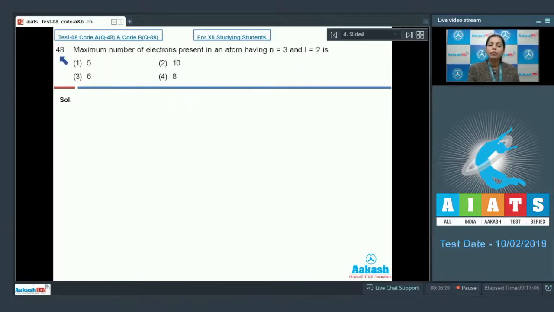After that, question number 48. Maximum number of electrons present in an atom having n equal to 3 and l equal to 2. It means the two quantum numbers we have are n, which is 3, and l, the azimuthal quantum number, which is 2. We know that if the n value is 3, we are talking about the third shell. The l value is 2, so on the basis of this, it is the d subshell. So this is the 3d orbital.